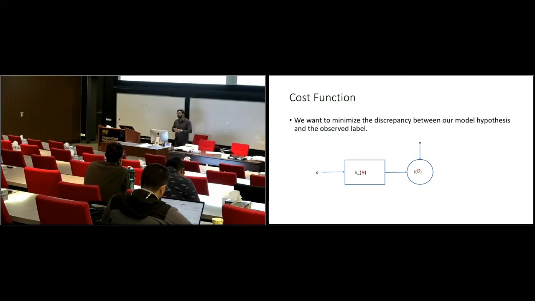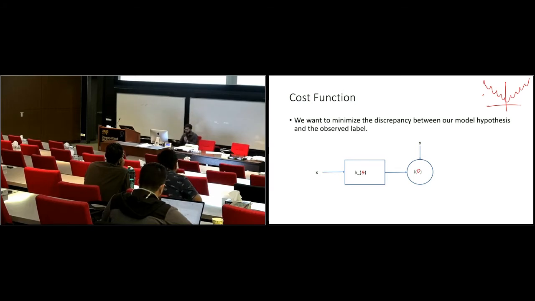So one thing, the square loss function is actually not a very good loss function if you have very high nonlinearities in your hypothesis function, because if you look at its profile, it looks something like this. It has lots of local minima which are too far away from the global minimum. So you might get stuck in any one of these, so you cannot use it. So we formulate another loss function or another cost function. We call it binary cross entropy, and I'm going to introduce it here and we are going to see how it looks. Okay.